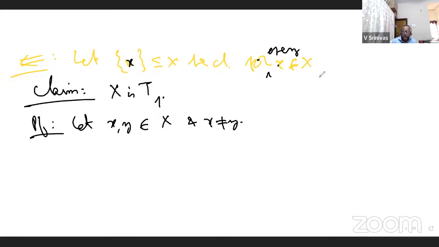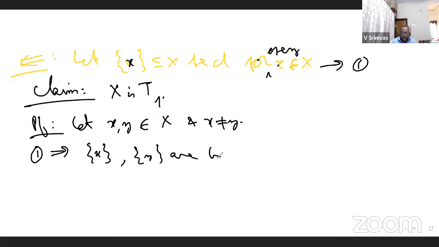Call this hypothesis 1. So 1 implies that singleton x and singleton y are both closed sets, because small x and small y come from capital X, and we assume each singleton is closed.